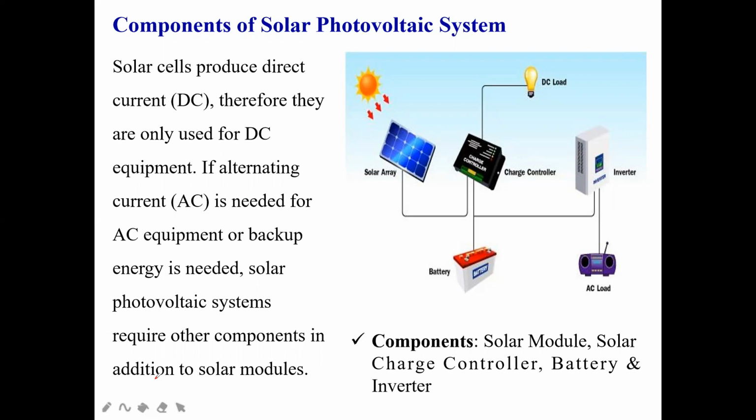Because whatever you're using at a home is always alternating current, and if you have solar cells at your rooftop, they produce direct current. Then you must have an inverter installed there. Sorry, not battery, inverter, I'm very sorry. Inverter to get it converted to AC. Okay.